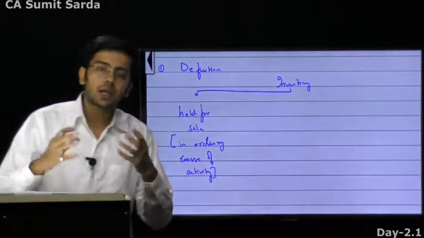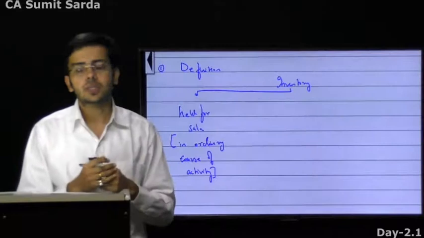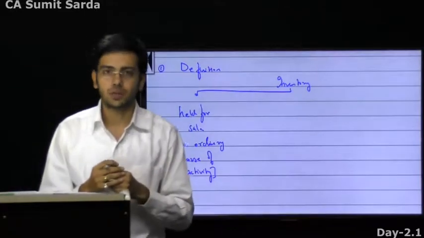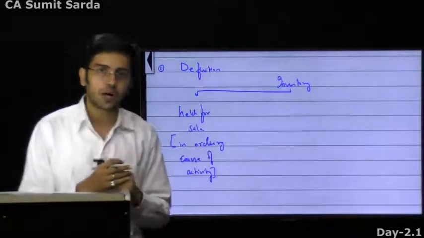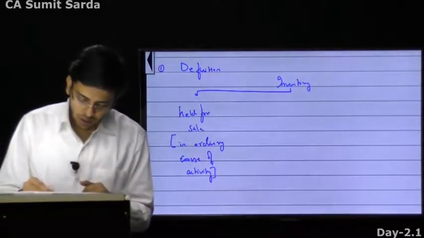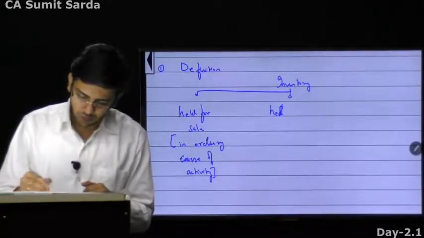We don't ordinarily sell such machines. Such machines are not sold ordinarily, hence such machines will not be classified as inventory. I hope the part of held for sale under ordinary course of activity is clear. Okay.